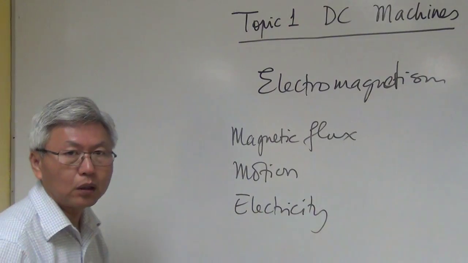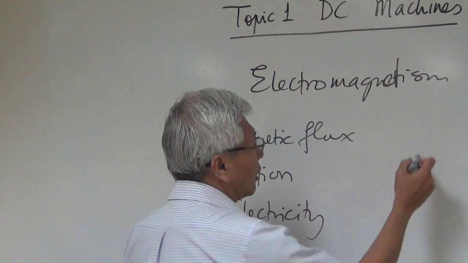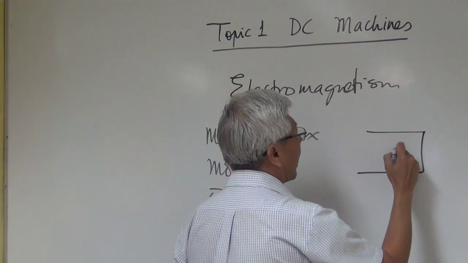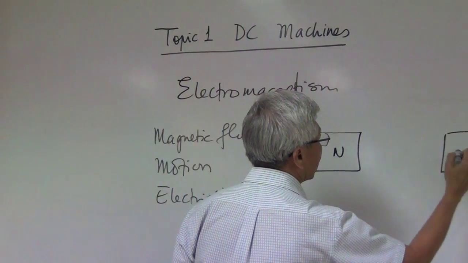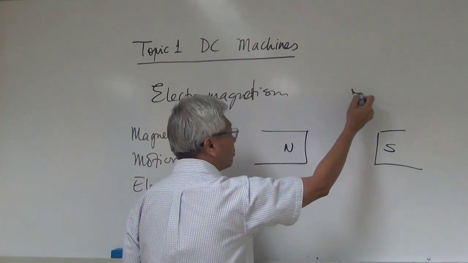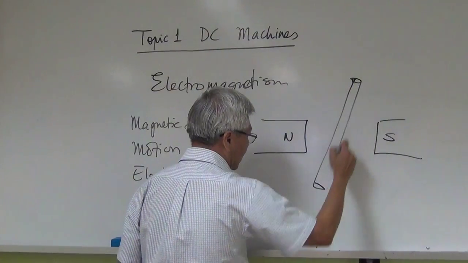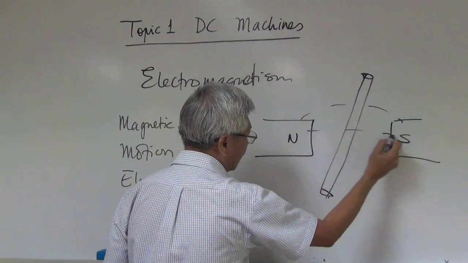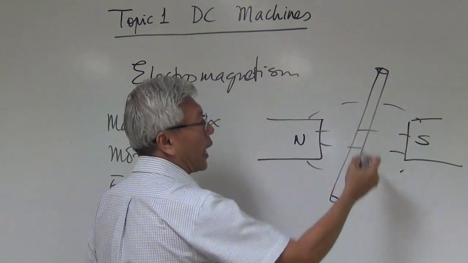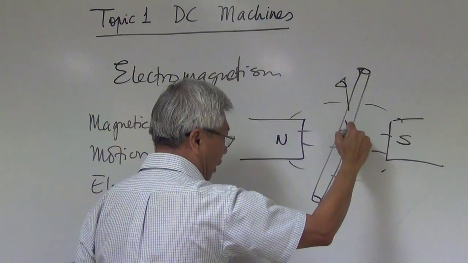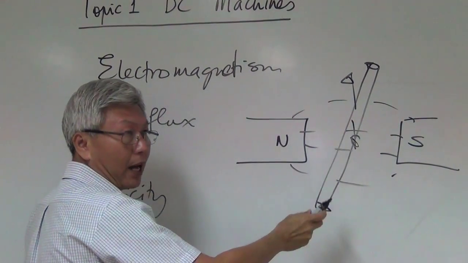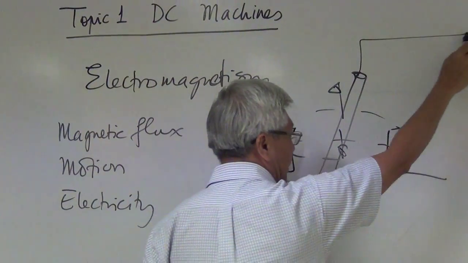Now, if you recall your O-level physics, you have a pair of magnet, north pole and south pole. If you put a piece of conductor across this magnetic flux and move the conductor up and down, cutting the magnetic flux, it actually generates electricity.